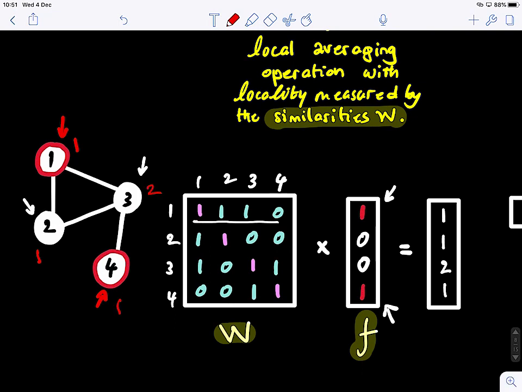And this is like a local averaging, an averaging of this neighborhood. So you look at these guys, and because 3 is connected to both of these red nodes, it has a higher weight, okay?